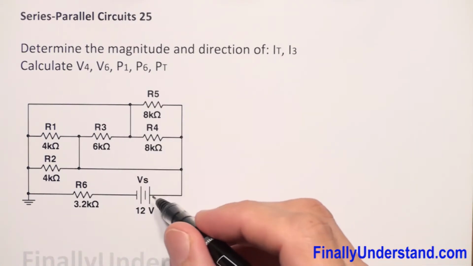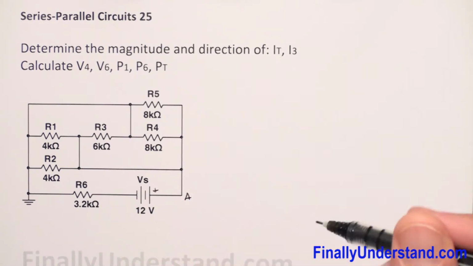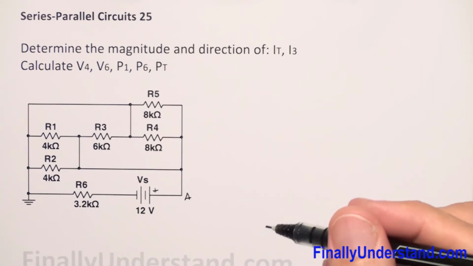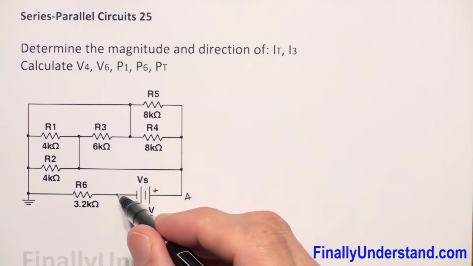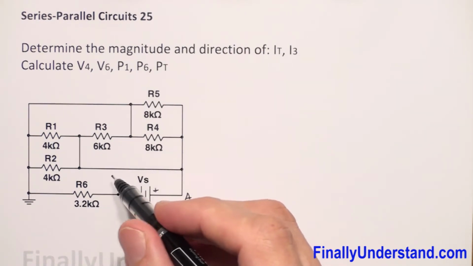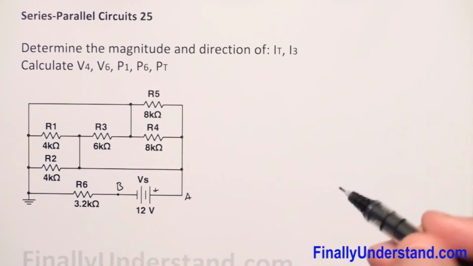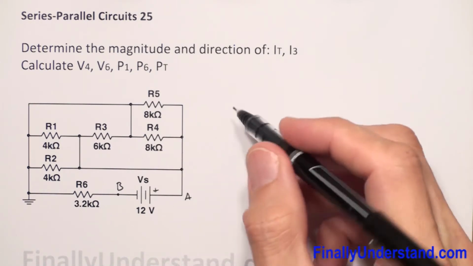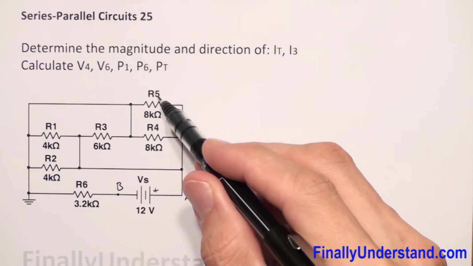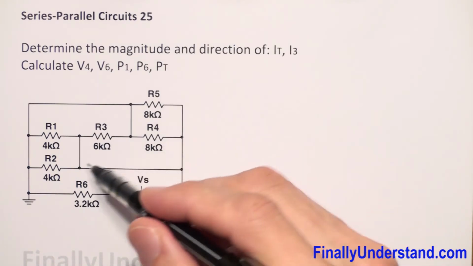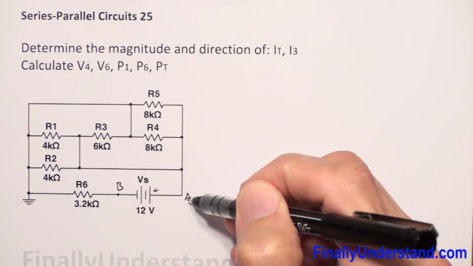So, positive terminal of my power supply I'm going to call terminal A, and negative I'm going to call terminal B. Okay, so this is my circuit, and resistors R5, R4, R2 and R1 are connected to terminal A, right?